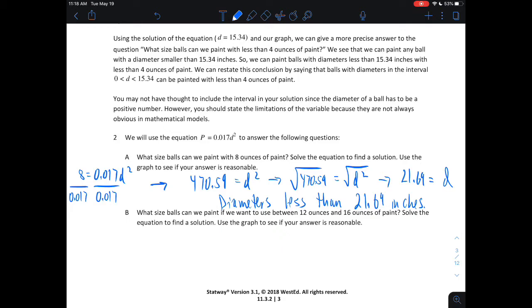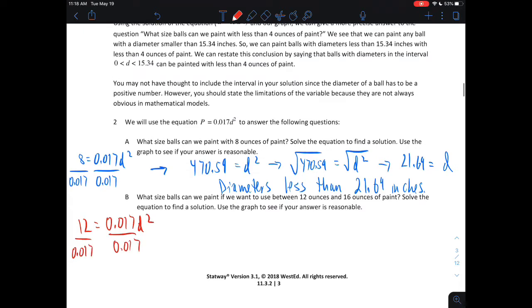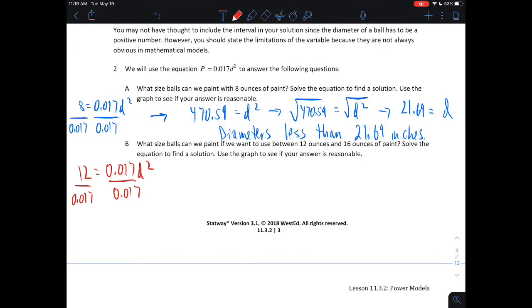So I'm going to do this first with 12 ounces, setting 12 equal to 0.017 d squared. Again, divide by 0.017. So 12 divided by 0.017 gives me 705.88.